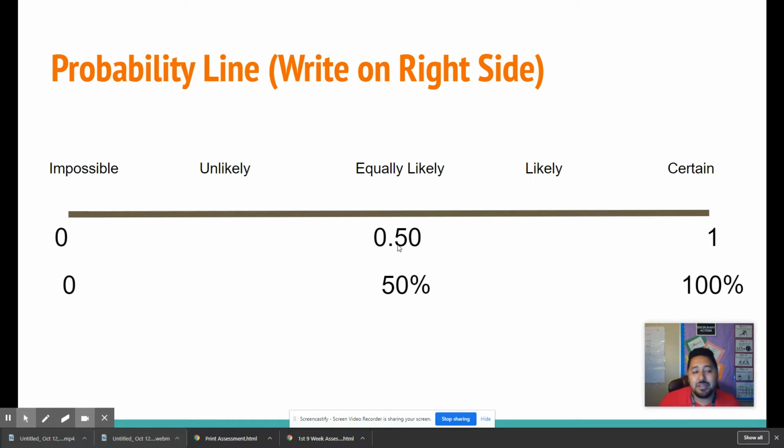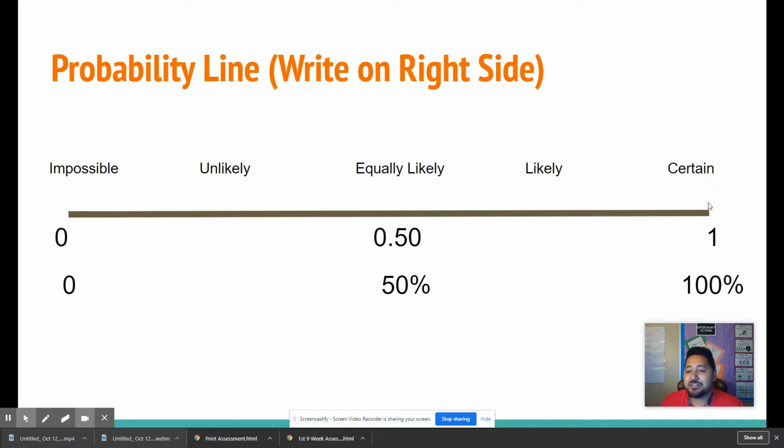So something could be 0% impossible, or it could be 100% certain. So for example, let's take the probability that the sun will come out tomorrow. I would say that based on the past, it is almost, if not 100% certain, which means certain, that the sun will come out tomorrow.